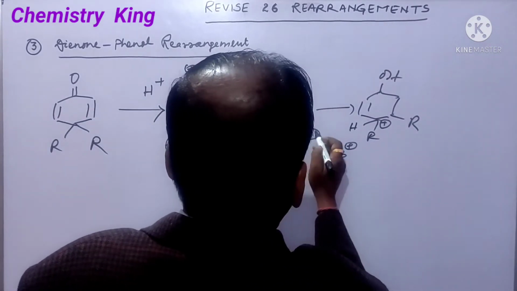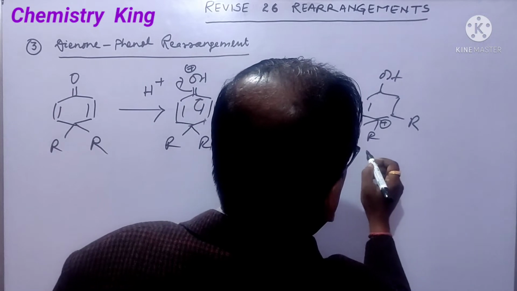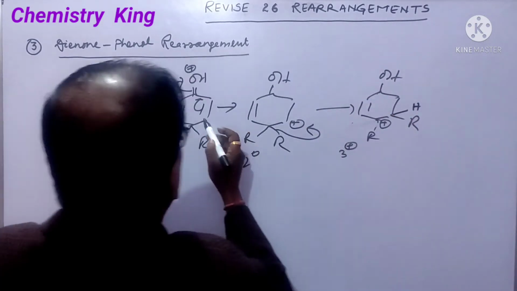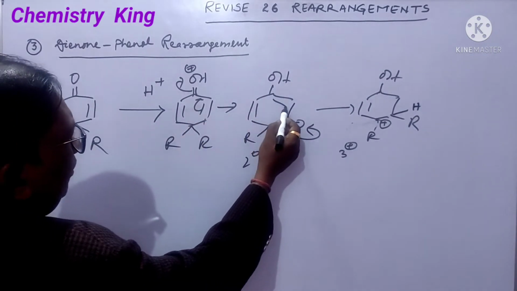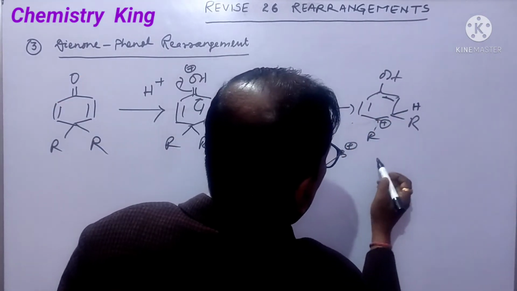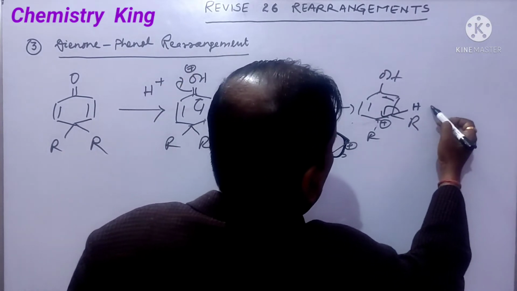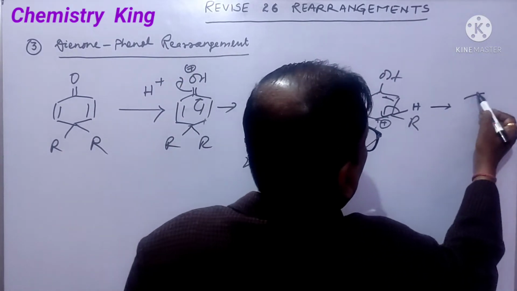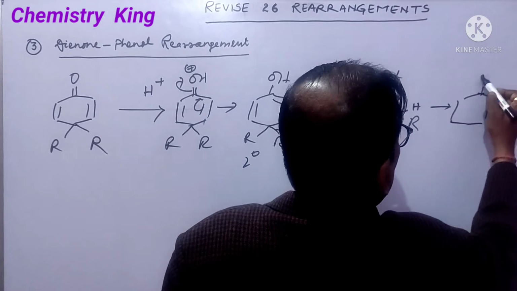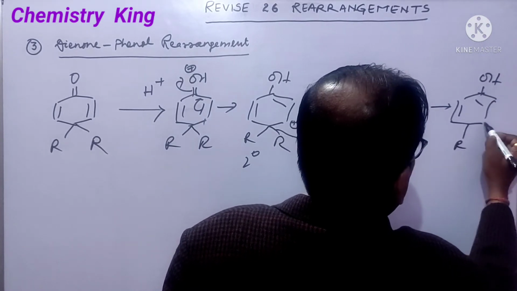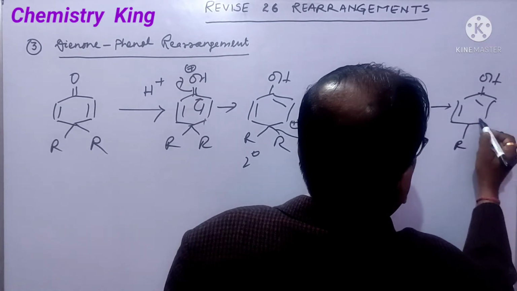It will come here. When it comes here, a double bond will be here, a double bond will be here. And each hydrogen now will come here, this bond, and you will get this OH, R, this.